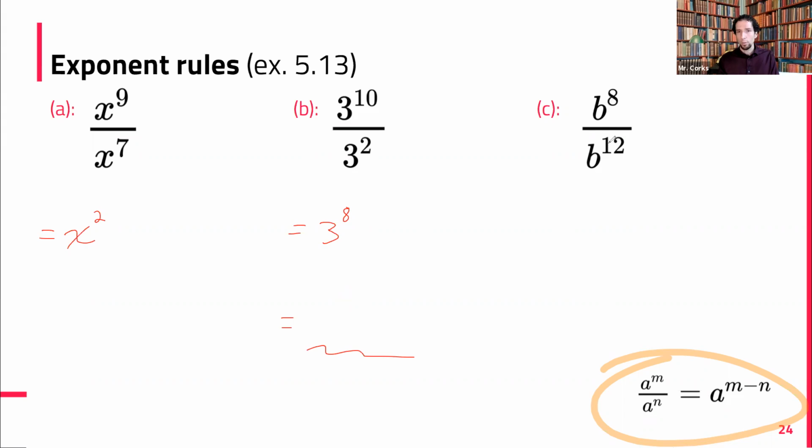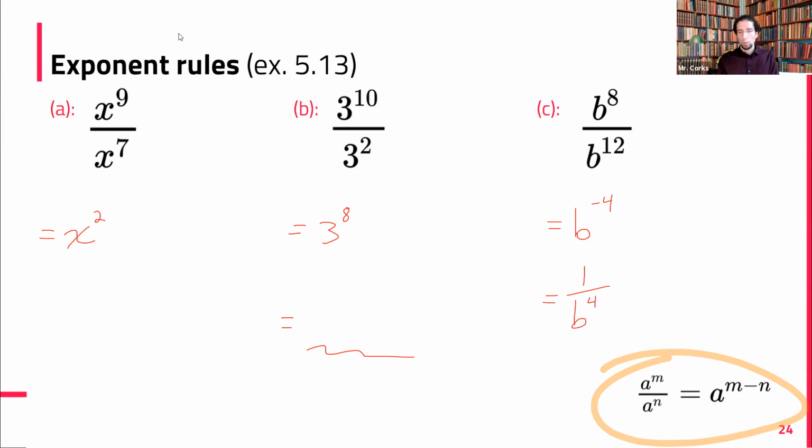And our last one here, b to the exponent of -4. And if we hold to our little formality rules about not liking negative exponents, it's 1 over b to the exponent 4, like this.